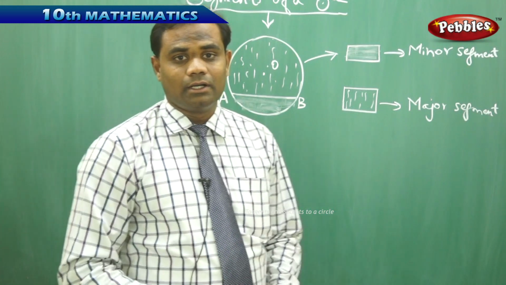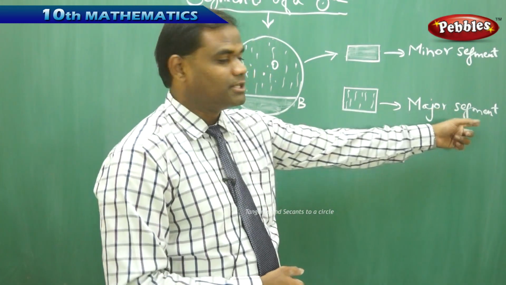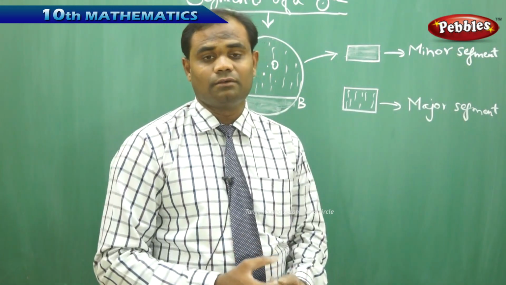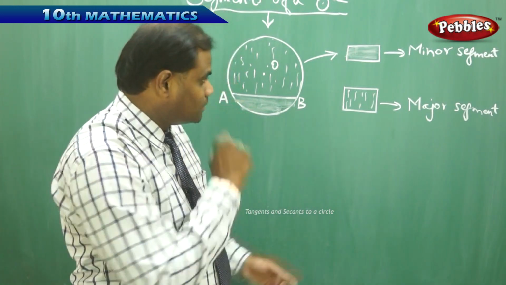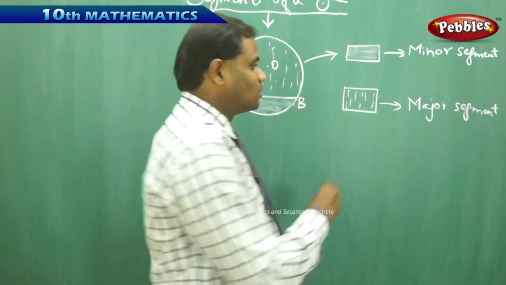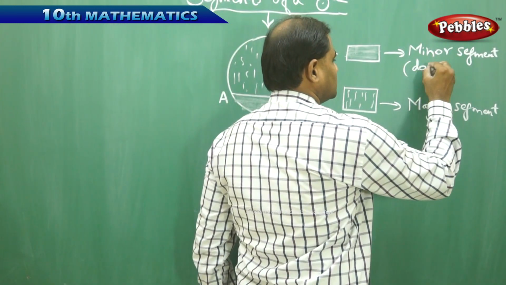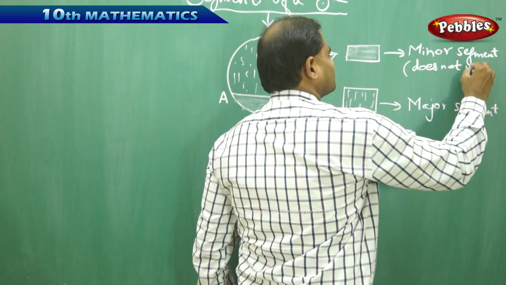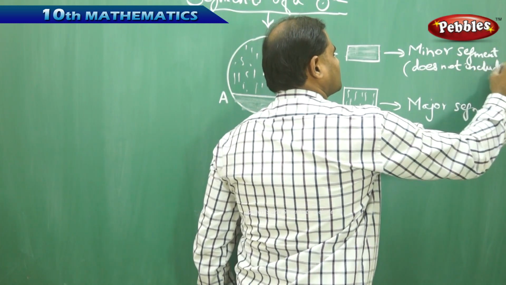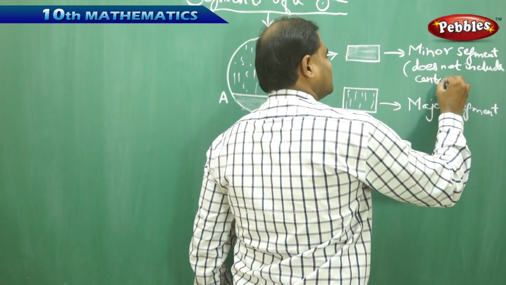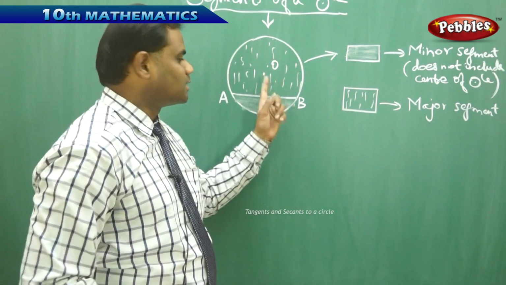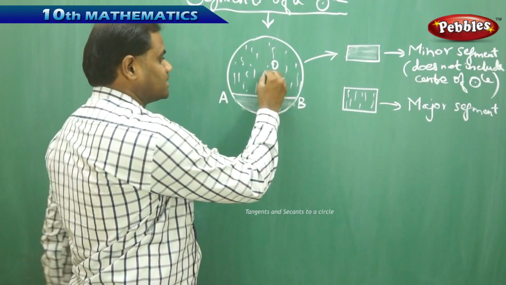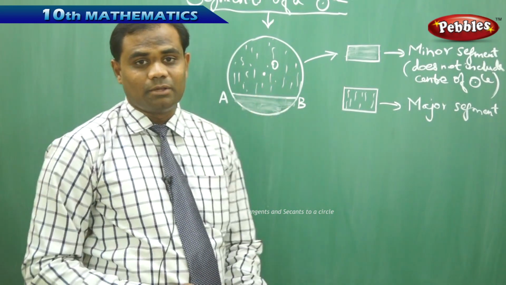This part of the shaded region is called the major segment because it is major in its area. But mathematically, how do you say that this is major or minor in area without actually measuring the area? Mathematically, this is called a minor segment because it does not include the center of the circle, but the major segment always includes the center of the circle, which is a very important note.